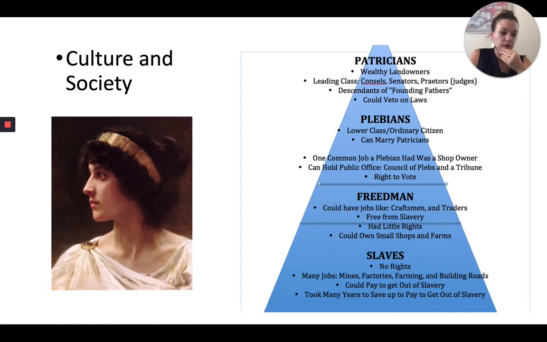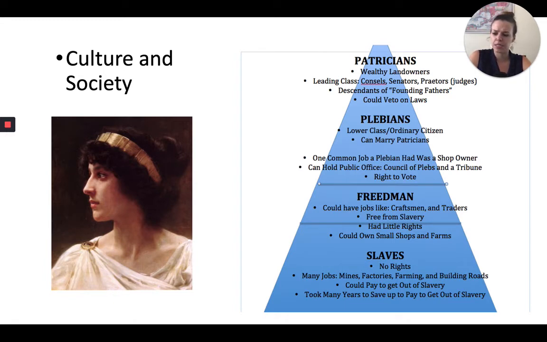Okay, let's talk about slaves. So slaves made up about 1/3 of Rome's population. Aristotle, if you remember, believed slavery was natural. It was part of just society. So slaves in Rome were similar to slaves in Greece.